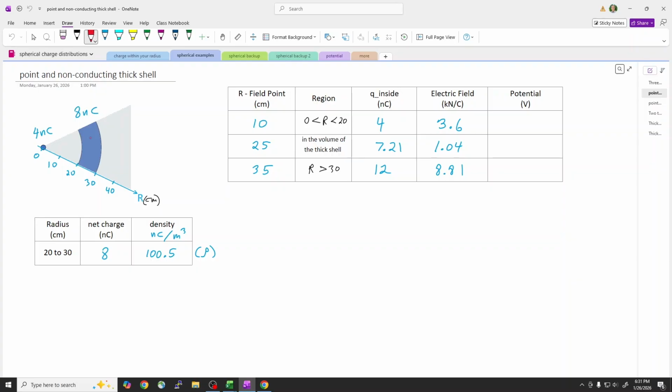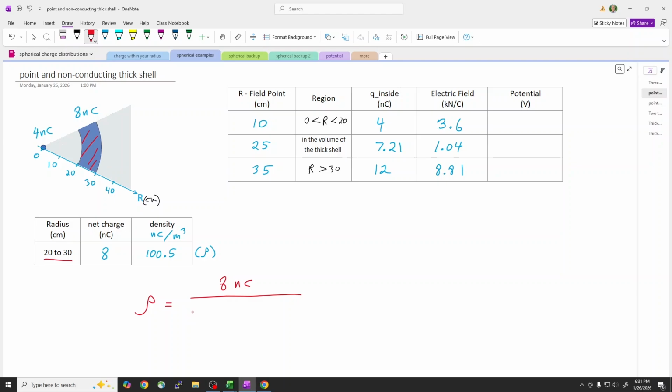So if we had 8 nanocoulombs on the thick non-conducting shell, then rho for the thick shell that goes from 20 to 30 centimeters would be the charge over the volume of that thick shell.